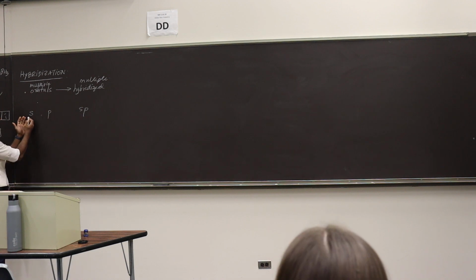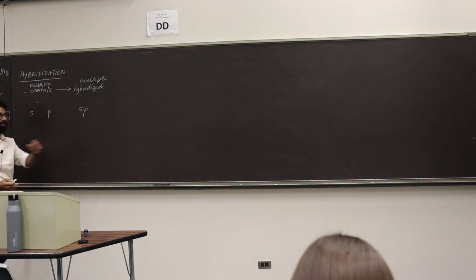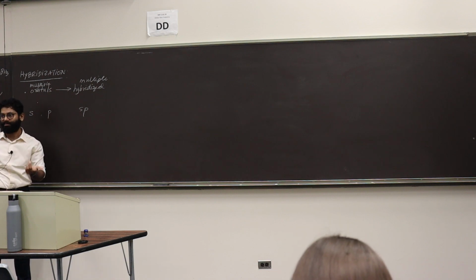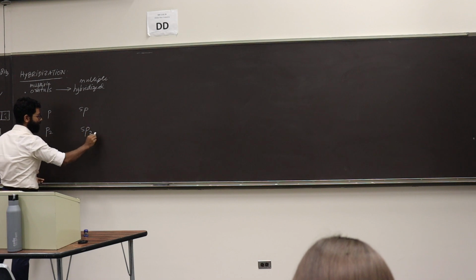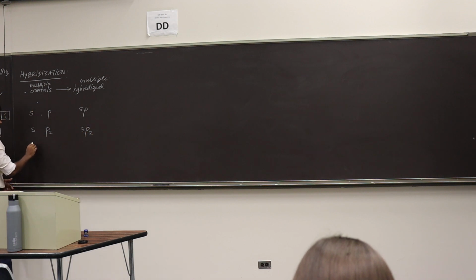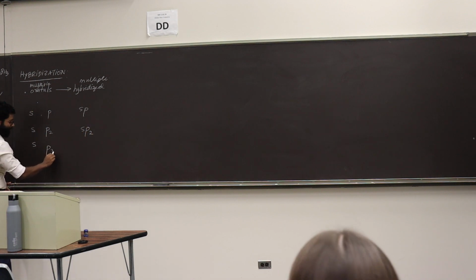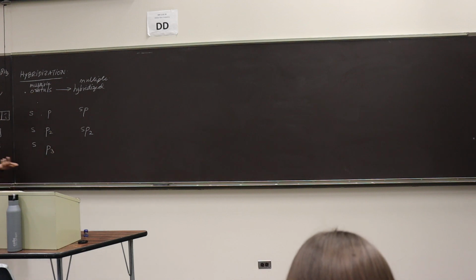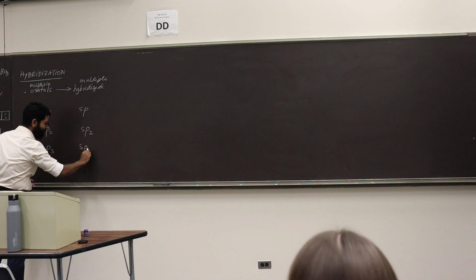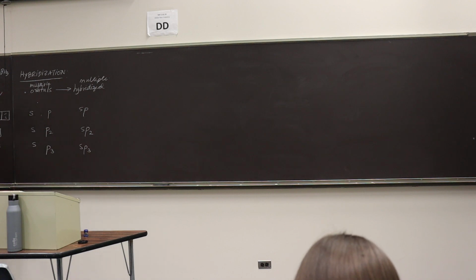We got one s and one p, 2 in total, so we got 2 sp orbitals. That's the idea. You have s and 2 p's, so we get an sp2. We get an s and 3 p's. There were only 3 p's available, so all 3 are getting together.